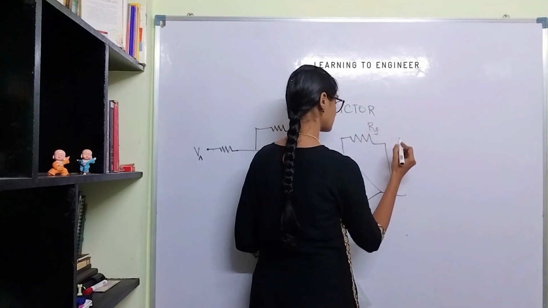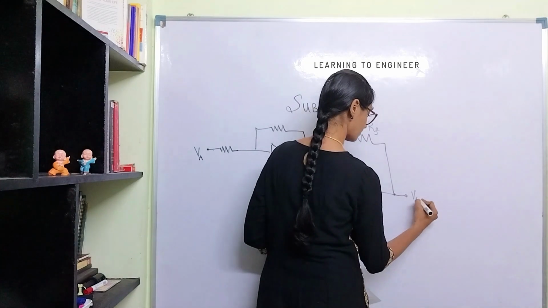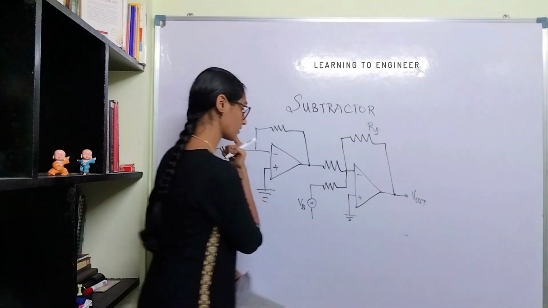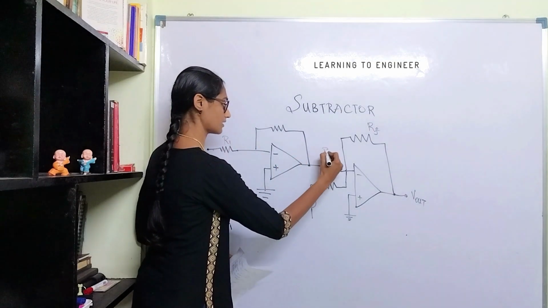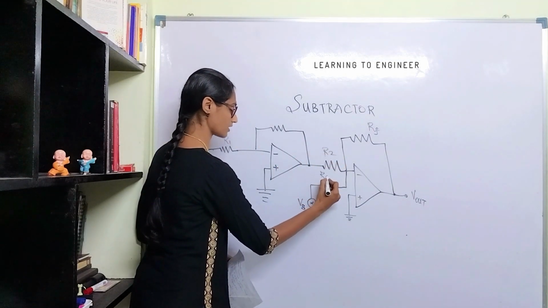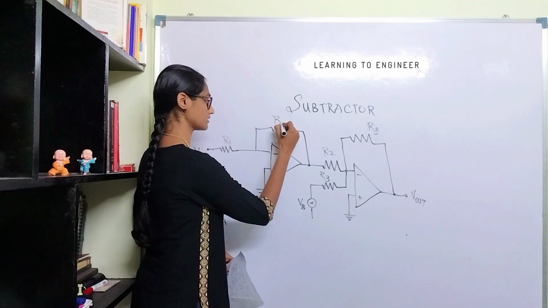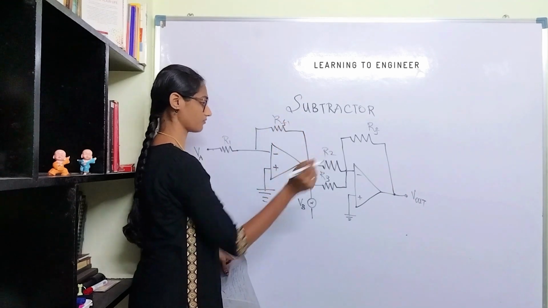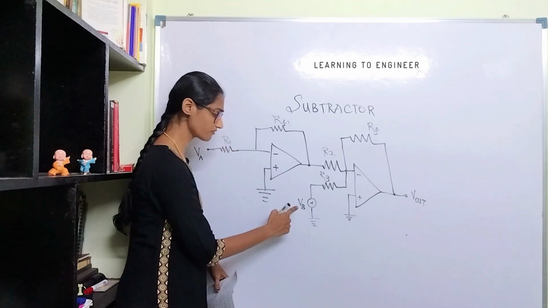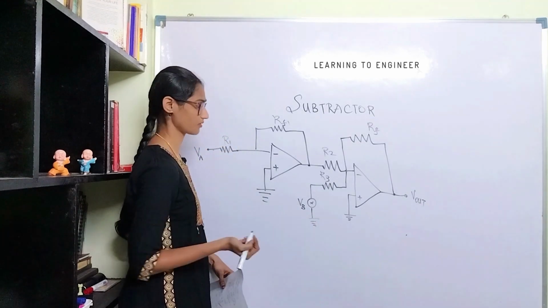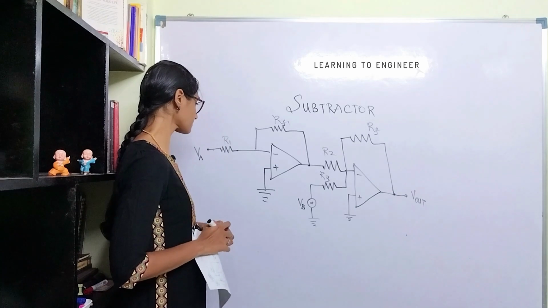This is the feedback resistor and this will be the output. Let me call these R1, R2 and R3 for the time being, and this is RF, or maybe RF1. The output of this will be the subtraction of VA and VB. Let us see how it works.